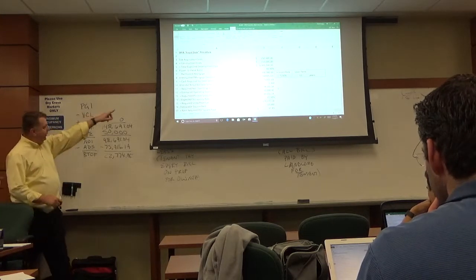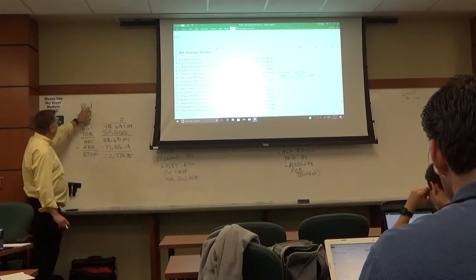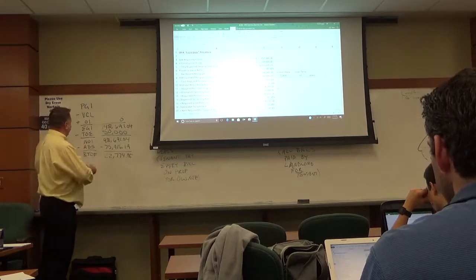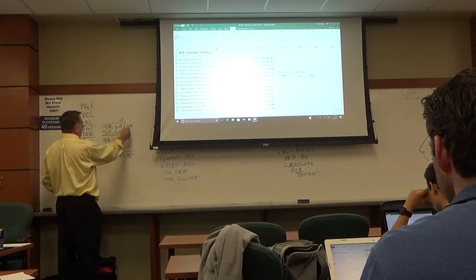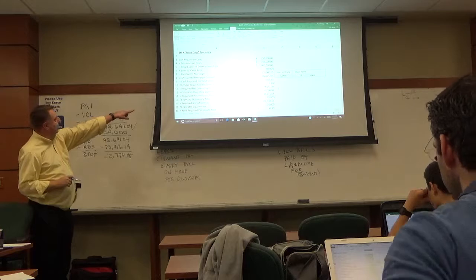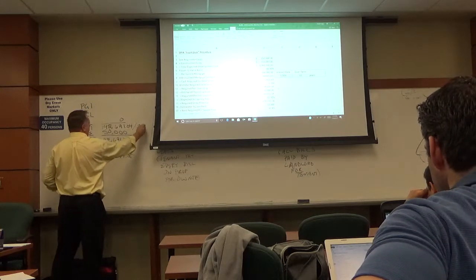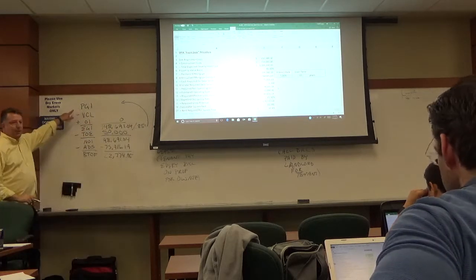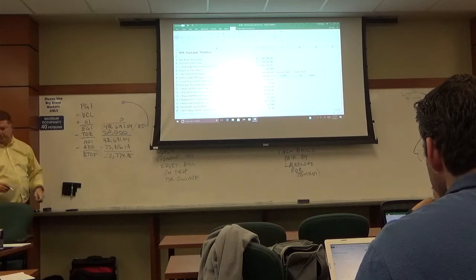We don't need, in the model itself, to actually calculate the line item for the vacancy and collection loss. All we really do in the model is take the 148,691 and divide that by the expected occupancy rate of 0.85, and the resulting answer is our potential gross income. Does that make sense? It's simple math.